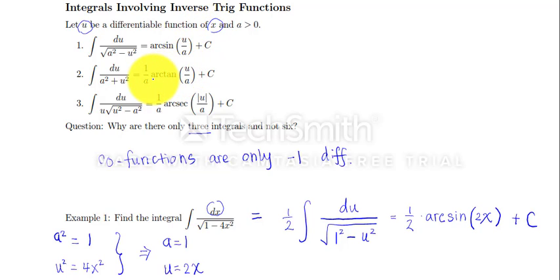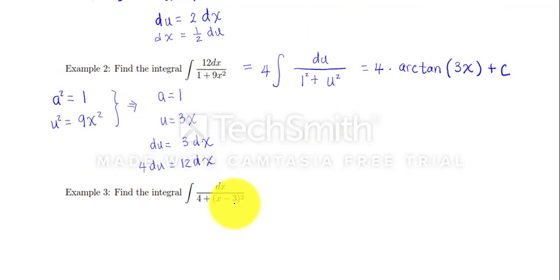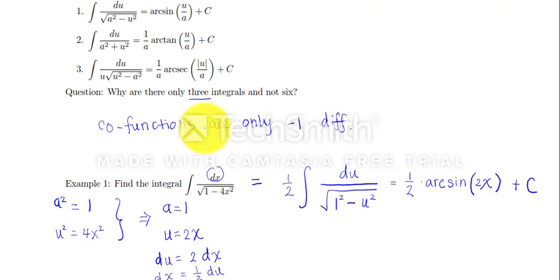So it doesn't matter, it can be 4x squared, 9x squared, or in this case, x minus 3 quantity squared. That will still be our u. Now we notice there's no square root, so we know it has to be the second formula.